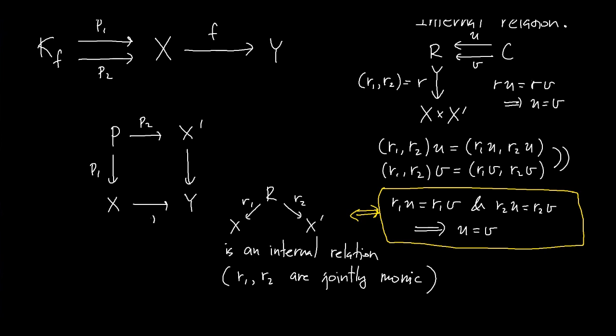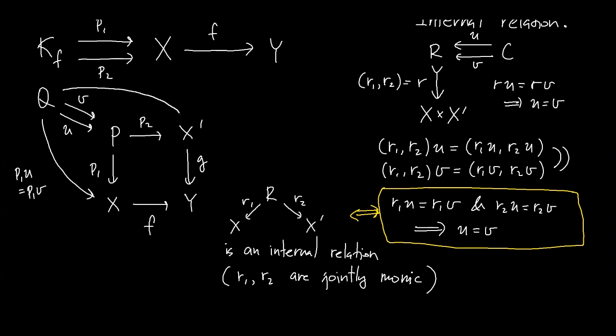Let's say this is F and G, and I've got these two maps, U and V. So if P1U equals P1V, which is this part, now I'm using P1 and P2 instead of R1 and R2. If P1U equals P1V, and likewise P2U equals P2V, then it means that both of those composites can be written as a single arrow going from Q to X. So this is the arrow of P1U, which is the same as P1V. And the same on the other side.